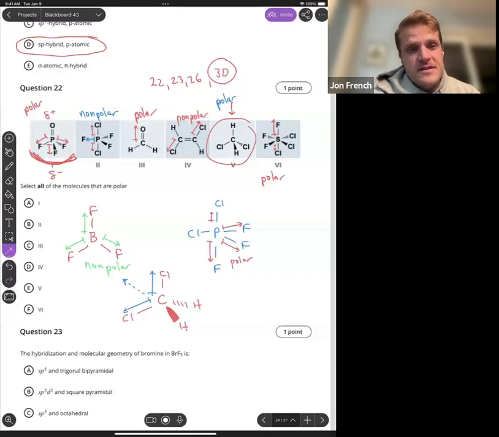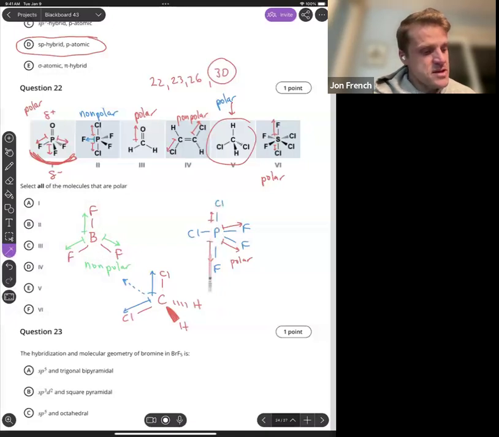Yeah, exactly, right? If it's not symmetrically substituted, there's going to be a different magnitude of those forces, like I've drawn here. So here we lose that symmetry. This is not symmetrical, and now I have fluorine 180 degrees from chlorine. So those forces are different strengths.